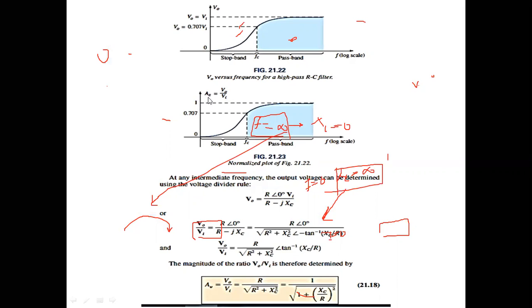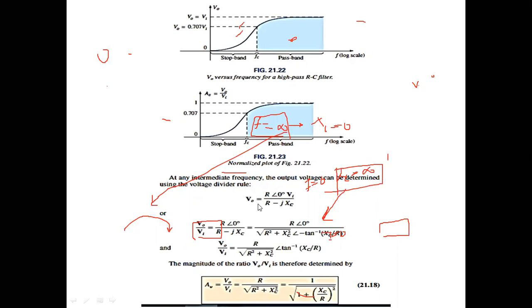So Av is equal to 0 for the low frequencies. And now for the high frequencies, V naught is equal to Vi, so V naught and Vi will be cancelled. We will get 1. So Av is equal to 1 for the high frequencies.